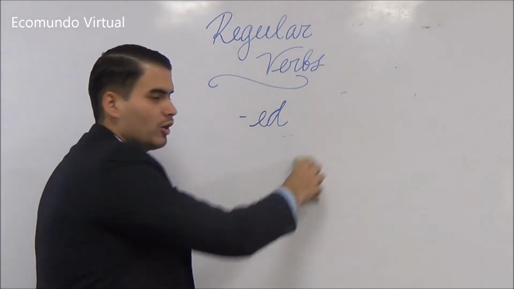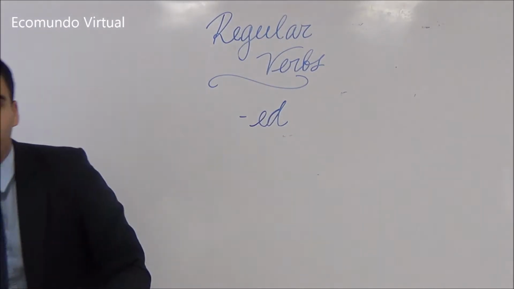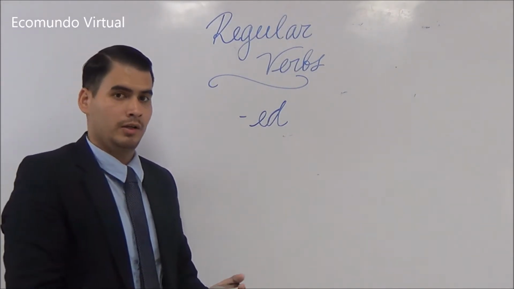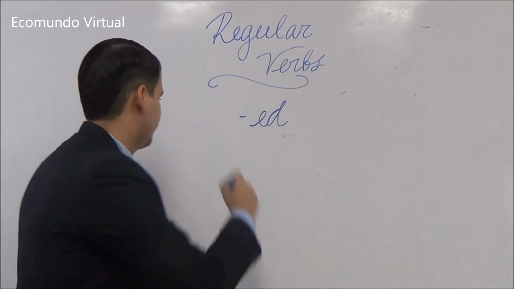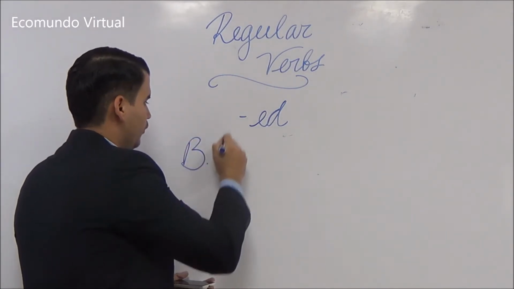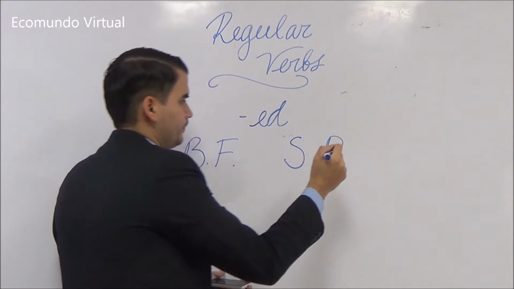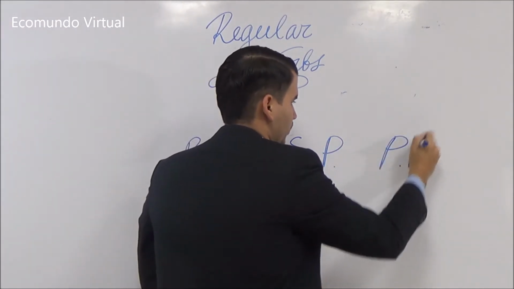Do you remember the chart I gave you about the irregular verbs? For example, the simple past, past participle, and the base form? Let's repeat it. Base form, simple past, past participle.